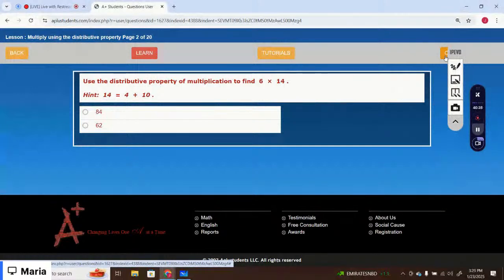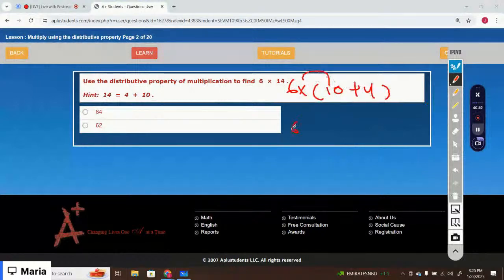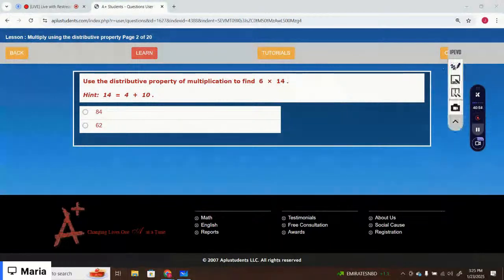So replace the 14 with 10 plus 4, right? So when you multiply, you have to do 10 times 6 and 6 times 4. That is 84. The correct option is option number 1, that is 84.